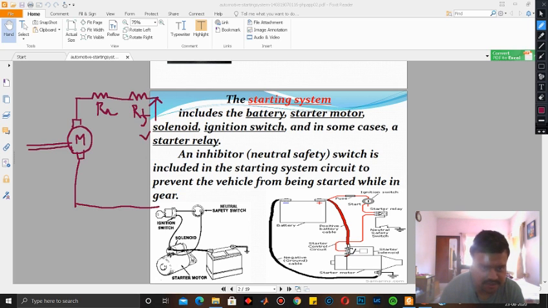And the voltage V should come from the battery.